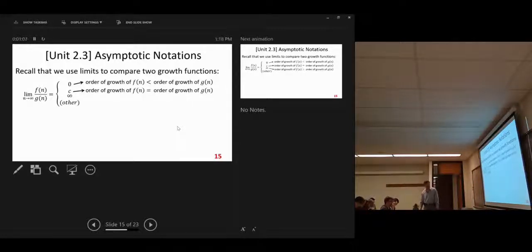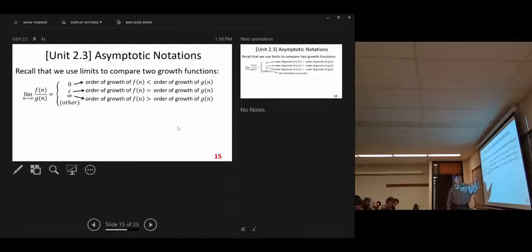Second one, non-zero constant, we can say they have the same order. Limit of infinity, we can say the order of growth of f of n is greater than the order of growth of g of n. How about the other case?